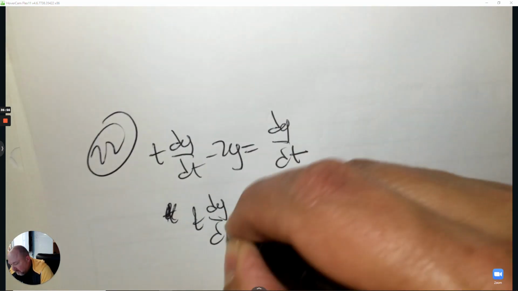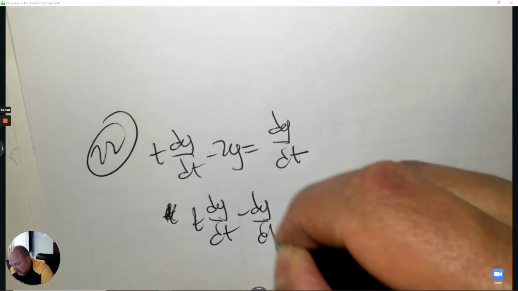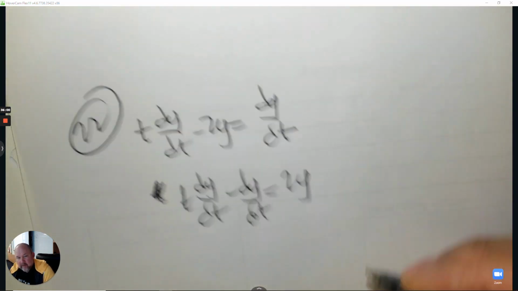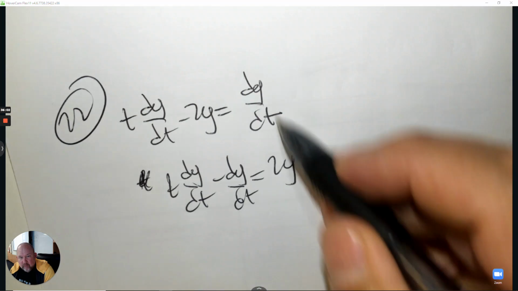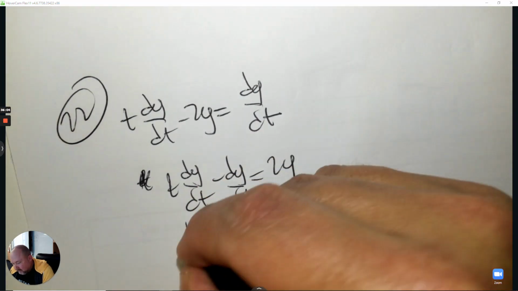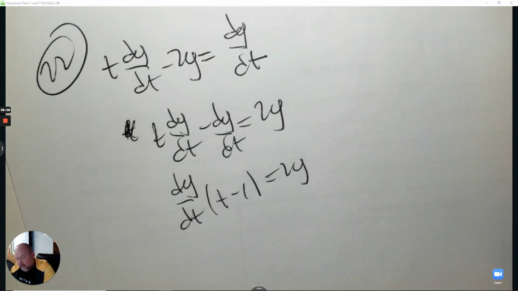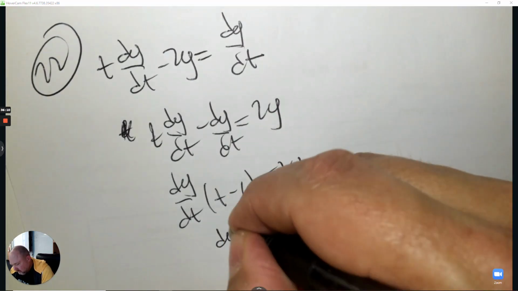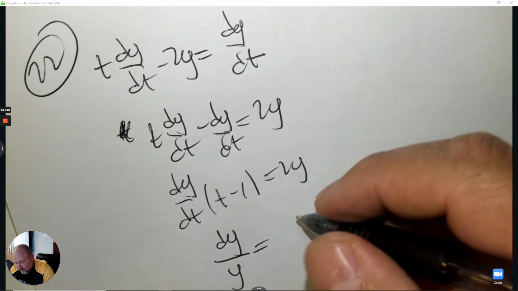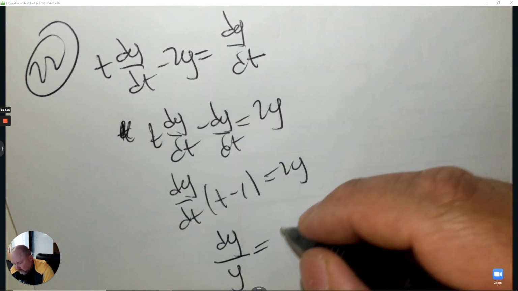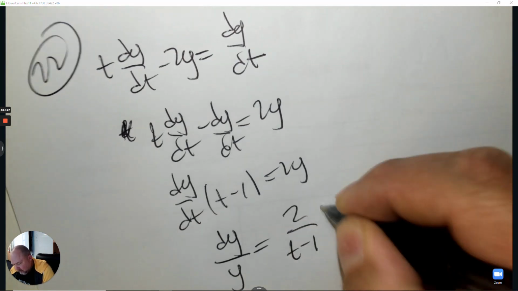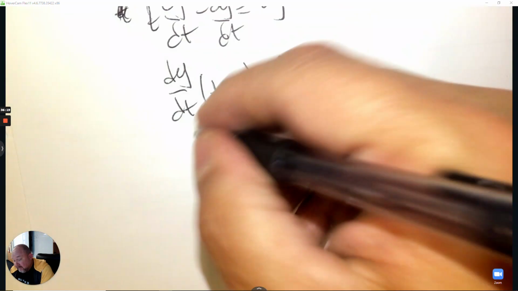So first I'm going to combine like terms. So bring that and add 2y, subtract dy, and then divide out or factor out. And then divide. All right, now it's separated. Now we can integrate it.